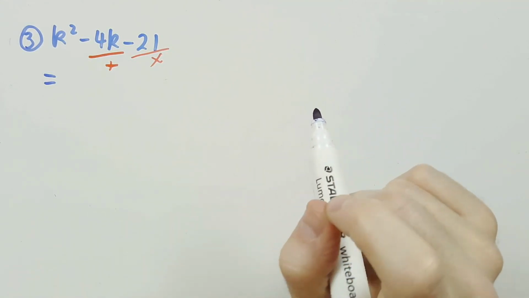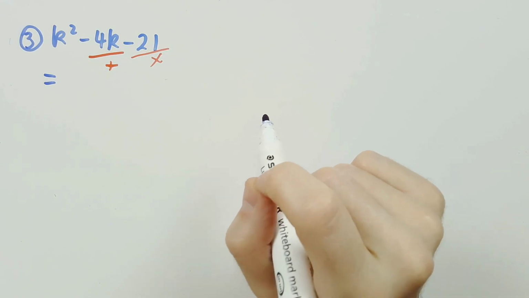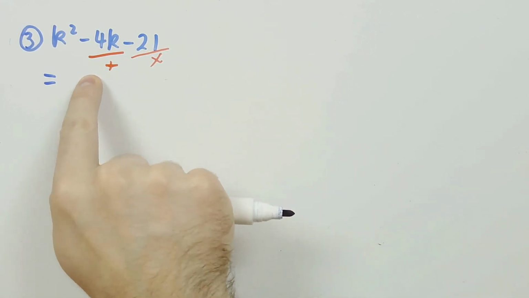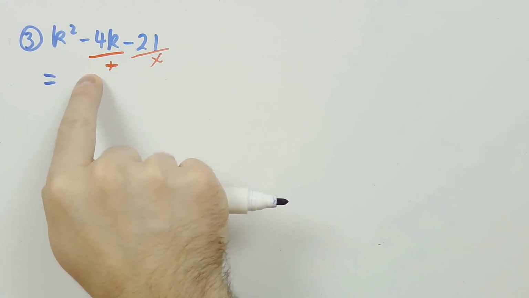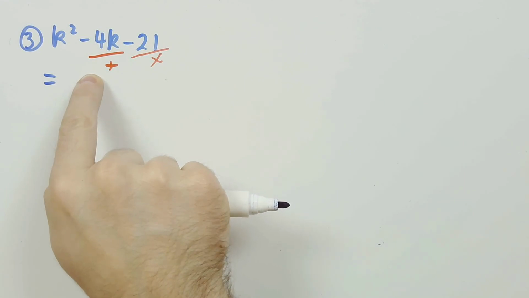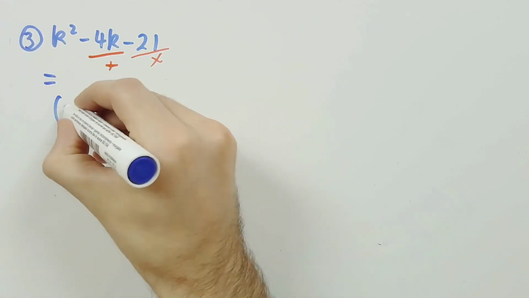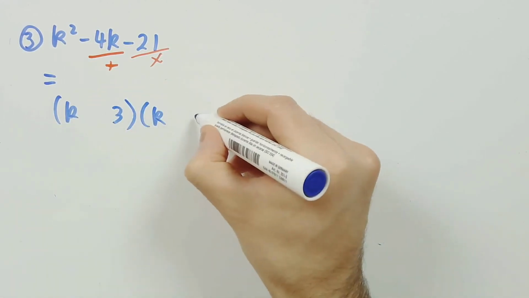Firstly, we've got 1 and 21, and 3 and 7. It's definitely not going to be 1 and 21. No combination of summing, even incorporating the positives and negatives, will give us negative 4. But 3 and 7 do. They have a difference of 4. So straight away that indicates that our values must be 3 and 7.